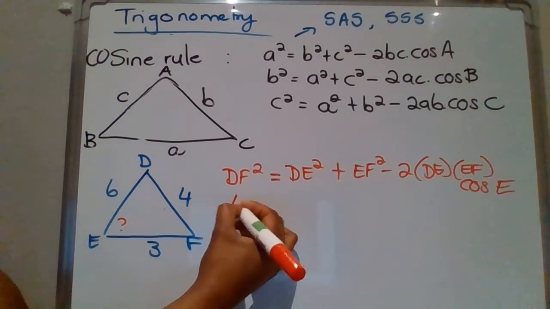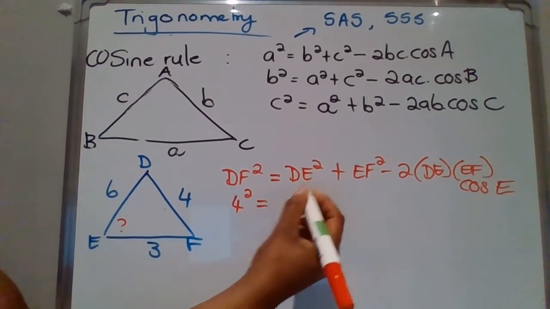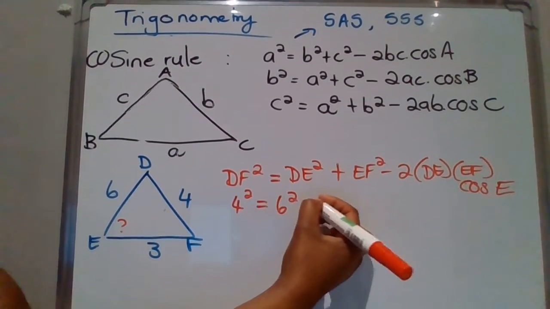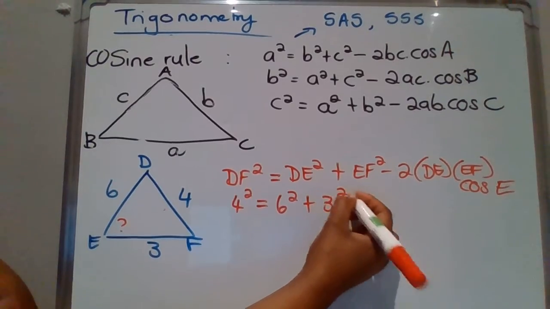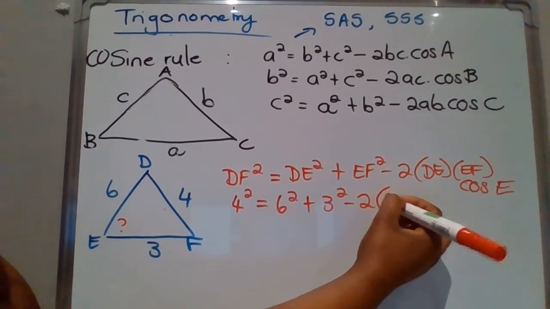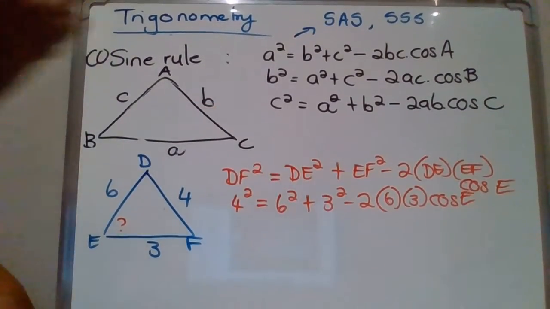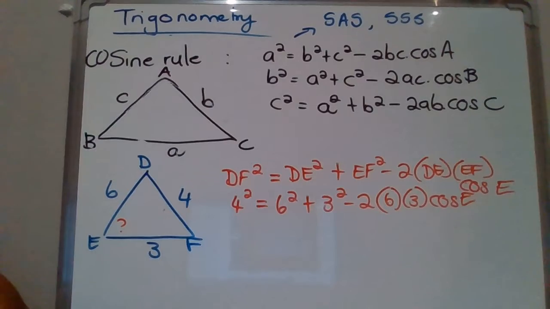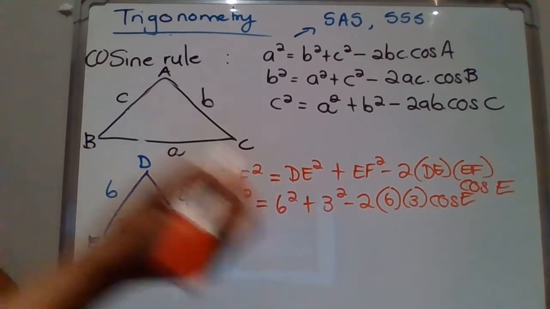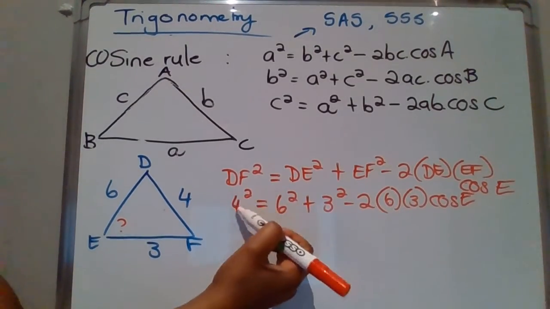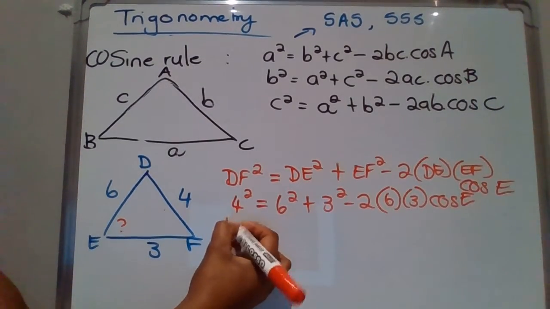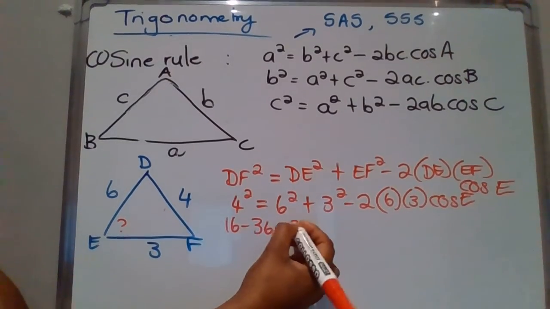So DF, we know it's 4, so 4 squared is equal to DE, 6 squared plus 3 squared minus 2 times 6 times 3 cos E. Which then tells us, if I take these values over to the side, it would be 16 minus 36 minus 9.